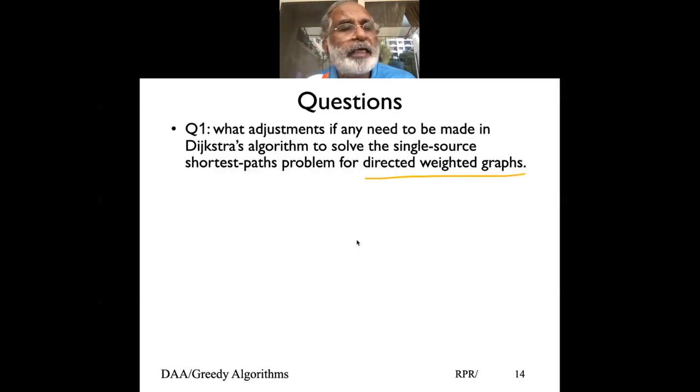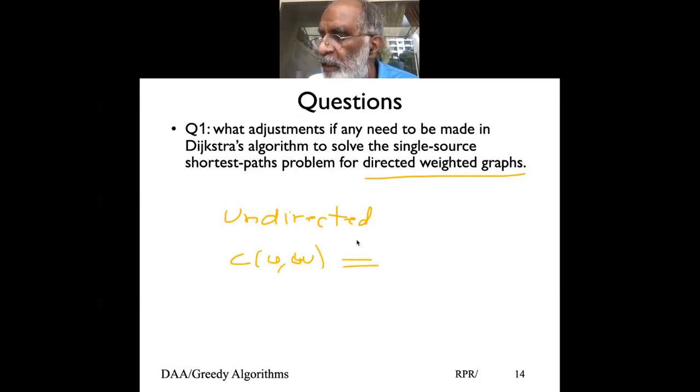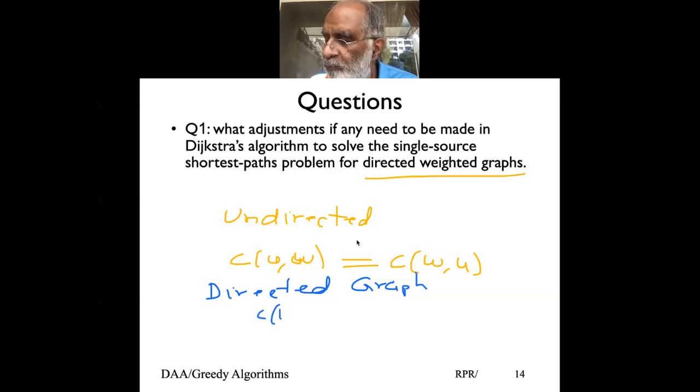We took the example of 6 nodes, and we took the example of an undirected graph. Undirected graph means the cost of u to w is the same as the cost of w to u. But if it is a directed graph, the two costs could be different, meaning the cost of (u, w) is not equal to the cost of (w, u).